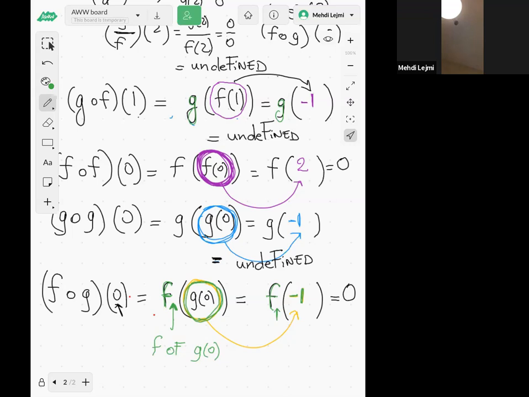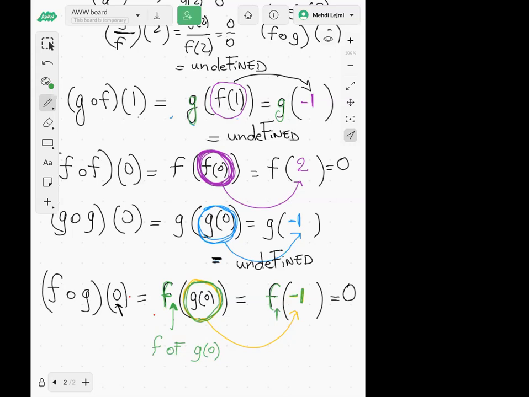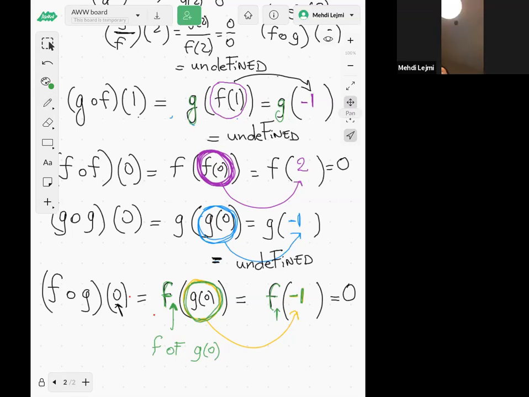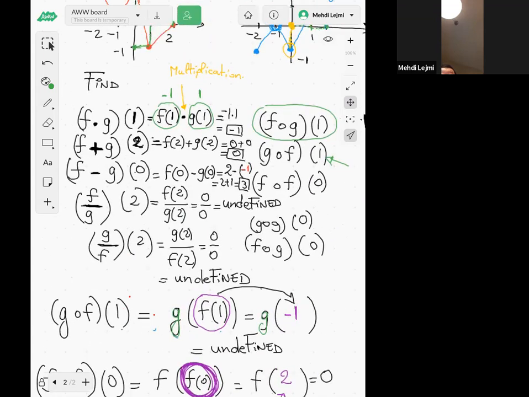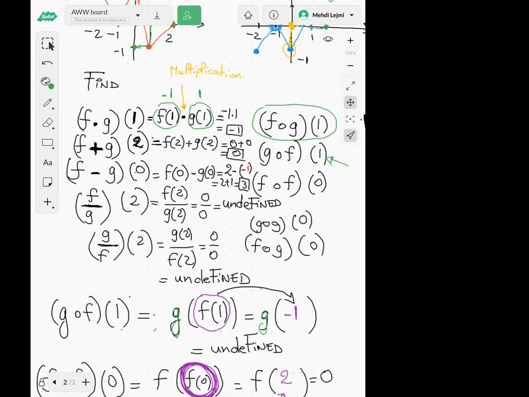I could have sworn we did that for the first one. We multiplied. Yeah, that's different, because in this first one here we had this dot, so that's f multiplied by g. That's multiplication.